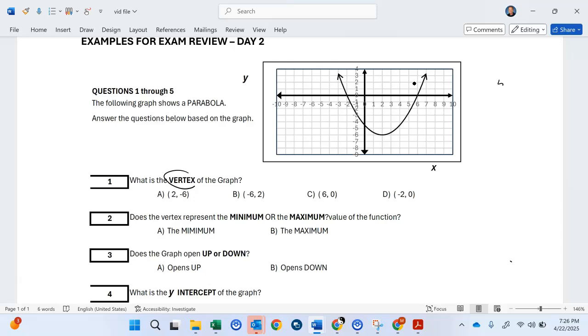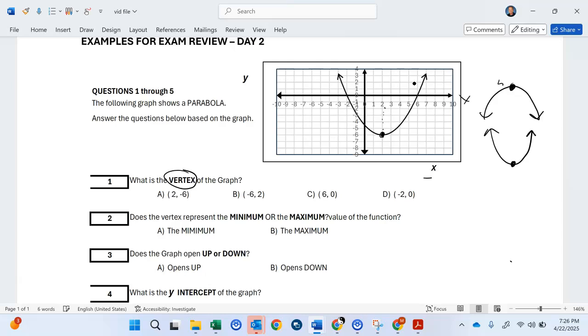The first question is, what is the vertex? Remember, the vertex is either the top, or if it opens up like that, it's the bottom, okay? So the vertex is right here. Now we need to get the right point. What's the x value?